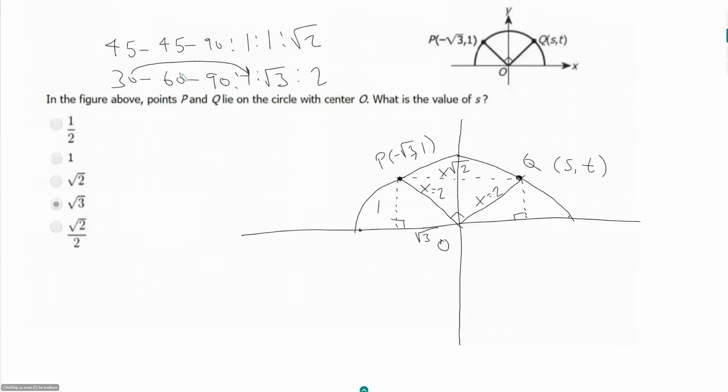So the side opposite the 30 is our 1, the side opposite the 60 is our rad 3, the side opposite the 90 is our 2, so it's the hypotenuse. So that means if we want to label our angles now, this guy is going to be our 30, and this guy is going to be our 60.